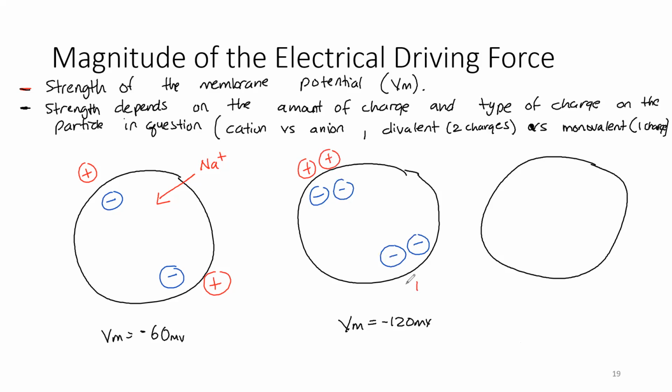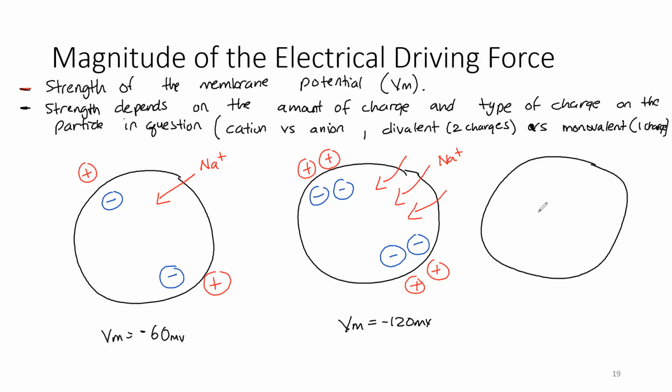So there's a stronger separation of charge. Naturally, sodium doesn't just want to get into the cell, it really wants to get into the cell. There's a stronger force here. And that is also reflected in the value. The value is twice the size as it was here. That shows us there's a stronger magnitude of that force, or a larger strength to that driving force.